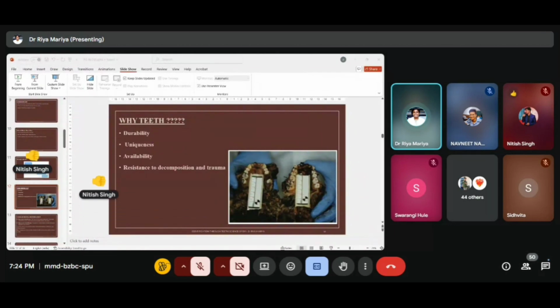Coming to types of dental identification, the slide is changing now. No, it's not changing, ma'am. Should I share the screen, ma'am? Yeah, Nitish, can you share? Sure, ma'am.